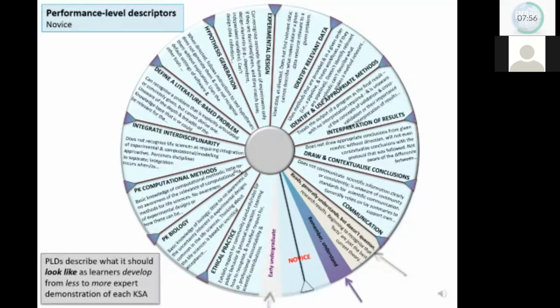So here, for example, the novice is somebody who reads and generally understands, but doesn't question research results, etc. And the Bloom's level would then be remember, understand, 1 or 2, and that reflects this statement of description. And this could typically describe an early undergraduate.